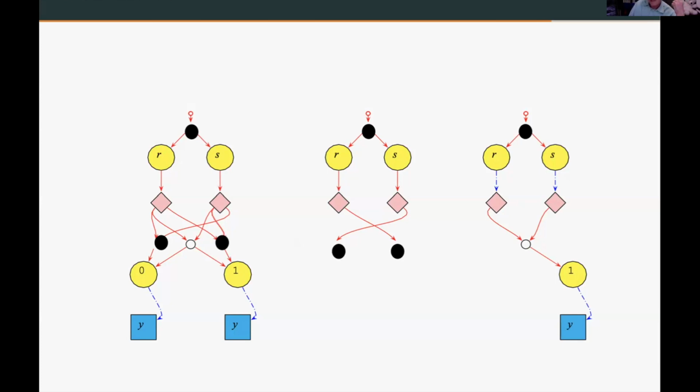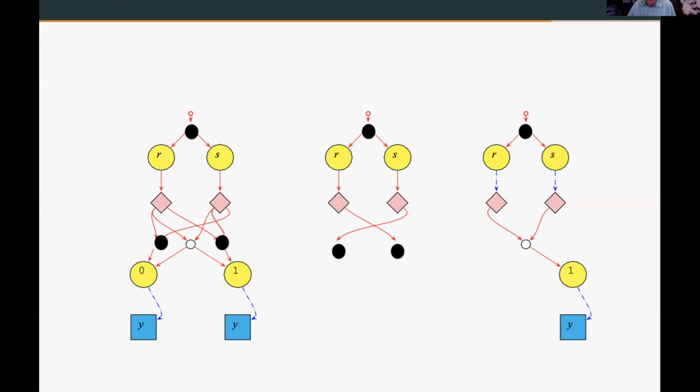So the diagram in the middle is a description of a specific computation, the case where R and S are false. So you take the right exit from the diamonds, but you can't do anything, so they lead you nowhere, because you don't have the necessary control to go ahead and assign 0 to Y or 1 to Y. If one of them is true, in this example on the right, R is true, so you take the left exit.